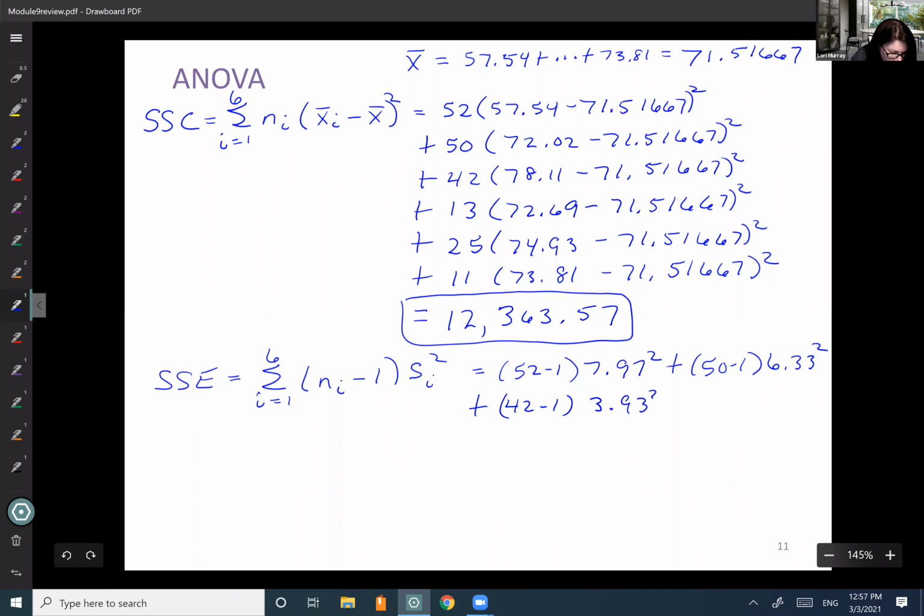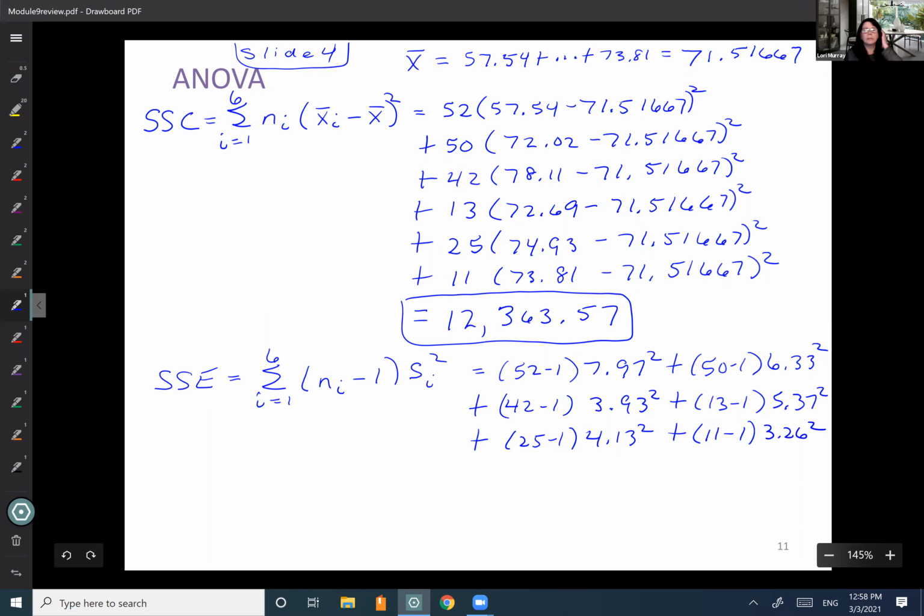3.93. And this is all coming, by the way, from the data on slide 4. All of these values are coming from slide 4. Plus 13, subtract 1, times 5.37 squared, and that's 42, 13, now 25, subtract 1, times 4.13 squared, plus 11, subtract 1, times 3.26 squared.